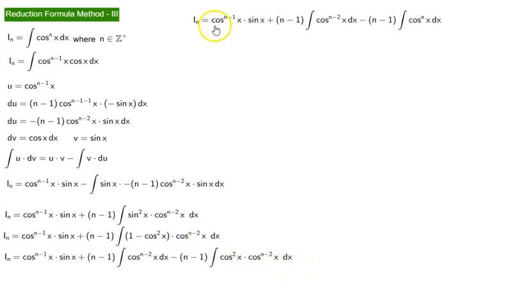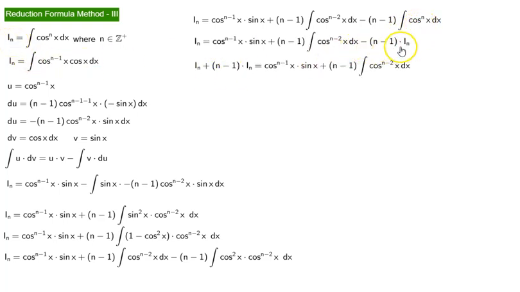So I_n is equal to cos to the power of n minus 1 x times sin x plus n minus 1 times the integral of cos to the power of n minus 2 x dx minus n minus 1 times the integral of cos to the power of 2 plus n minus 2. So the 2 cancels out and we are left with cos^n x dx, which is I_n.